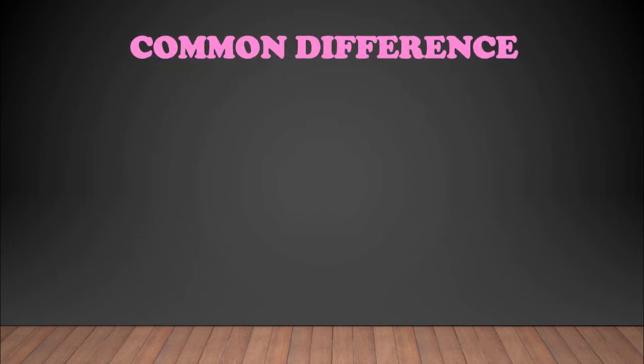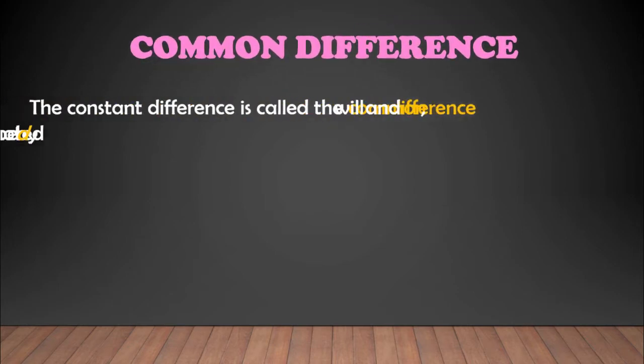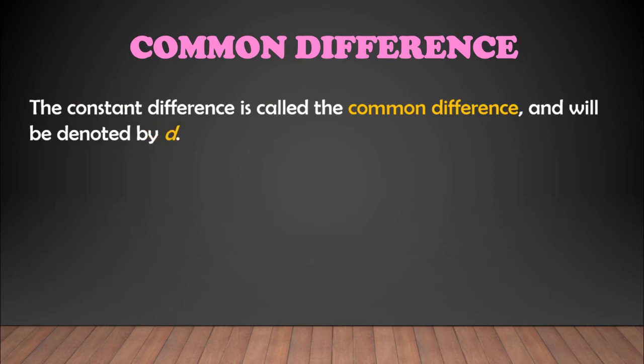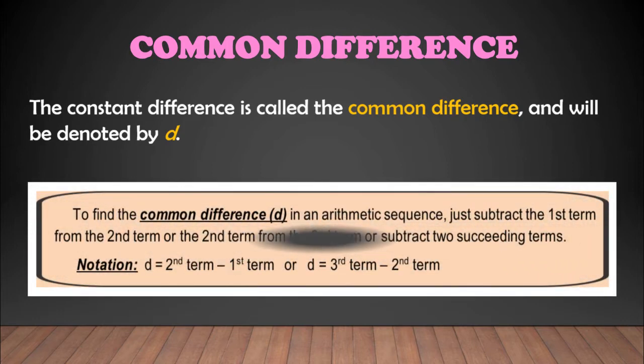Now, what is this common difference? The constant difference is called the common difference and will be denoted by the letter D. Now, to find the common difference D in an arithmetic sequence, just subtract the first term from the second term, or the second term from the third term, or simply subtract two succeeding terms.